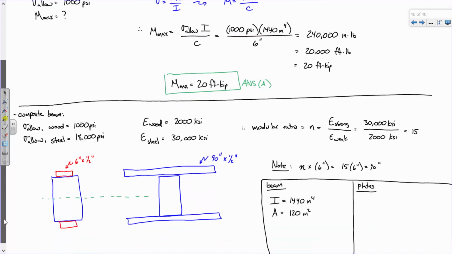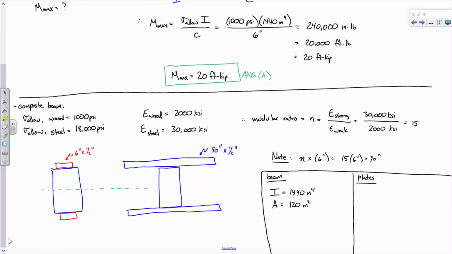Now what about the plates? We haven't done the plates yet. The area is simple. That's 90 times 1/2, so that's 45 square inches. And what about the moment of inertia? Well, it's BH cubed over 12. Remember, that's the width times the height cubed. So the height's really tiny. It's only 1/2. So that is 90 times 1/2 cubed over 12.